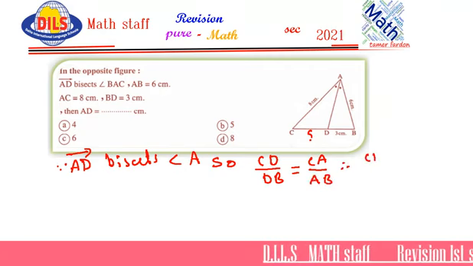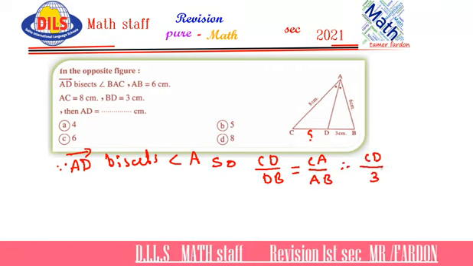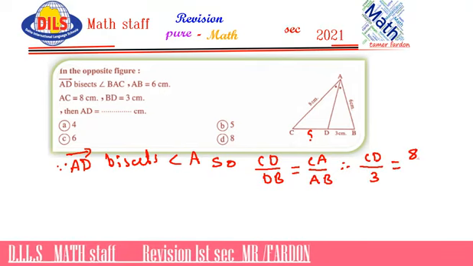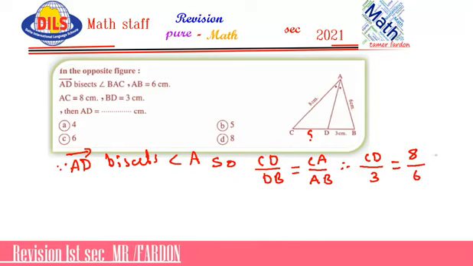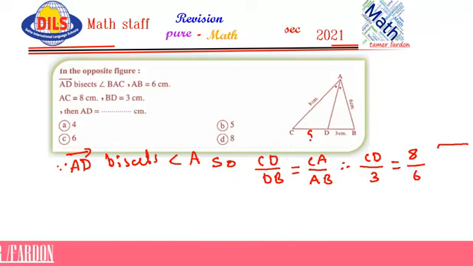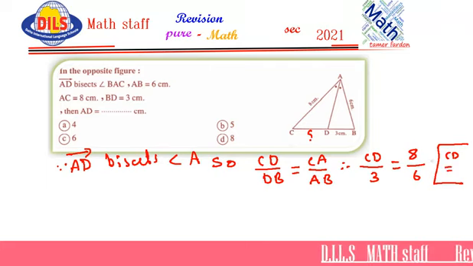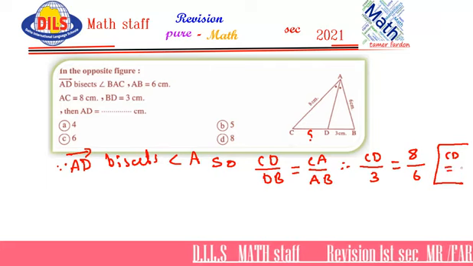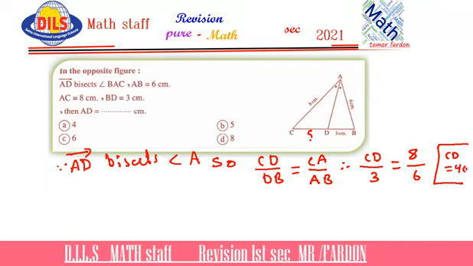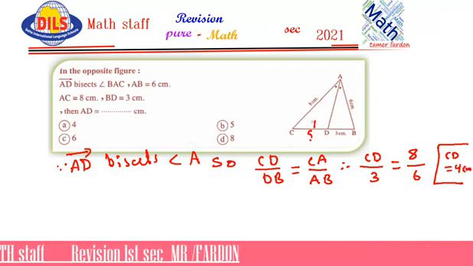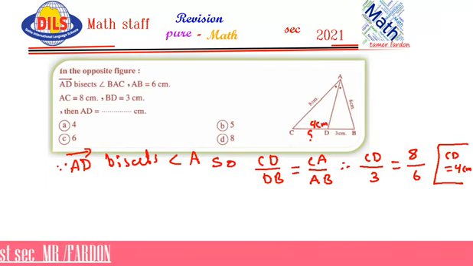Then CD over 3 equals 8/6, so CD equals 3 times 8, 24, divided by 6 is 4 centimeter, so CD is 4 centimeter.